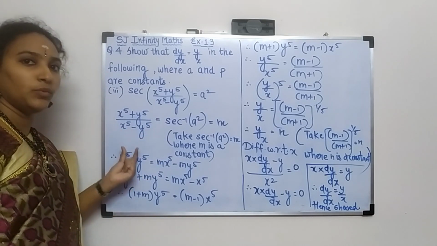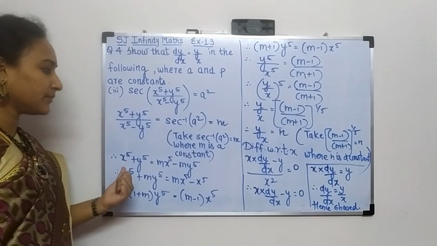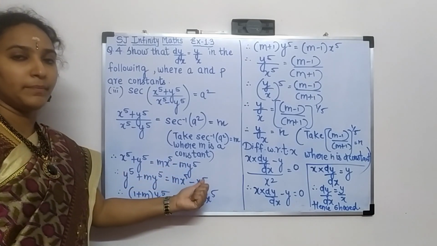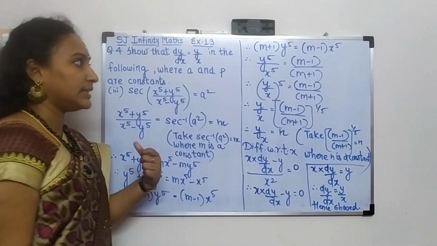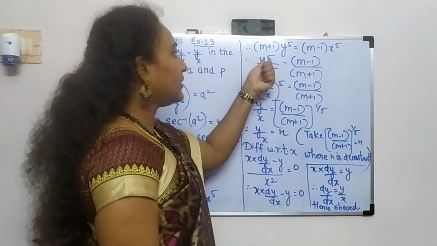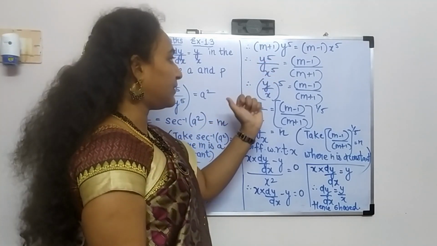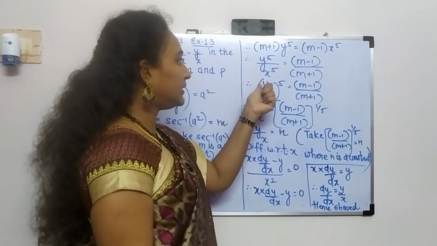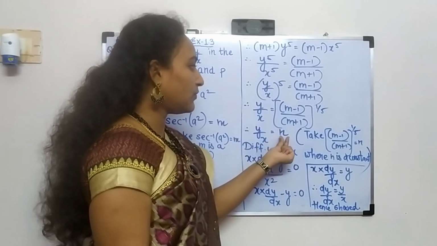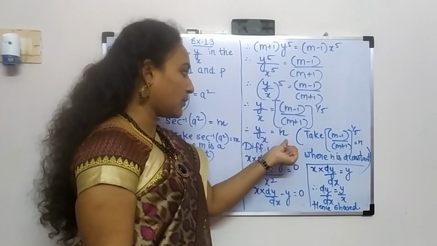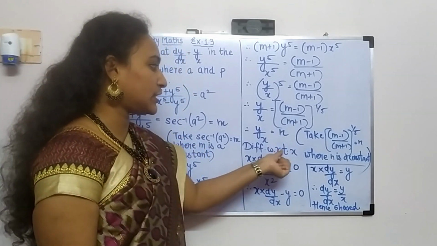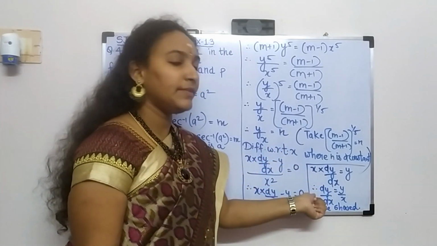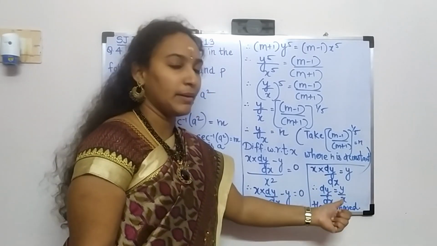Then we have collected y power 5 terms on one side, then x raised to 5 power terms on the other side. Then we divided y power 5 with x power 5. After the division, we have considered one more constant, that is small n. Then we differentiated with respect to x to get our dy by dx as y upon x.